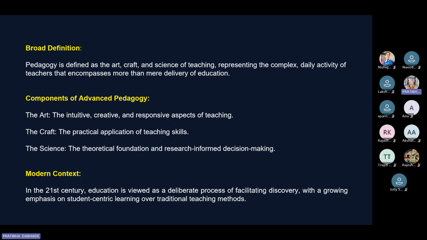Basically, we are going to bring the student into the inquiry process, so that they can solve problems and take decisions. So whenever we are talking about science, we are thinking about high-level objectives, right?